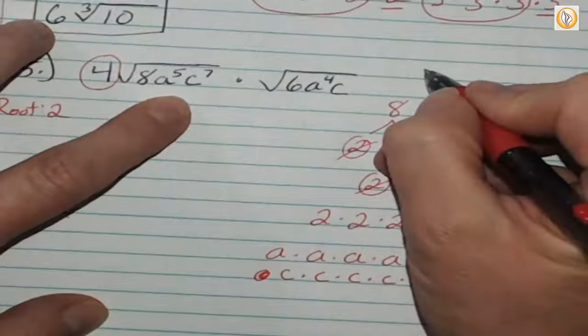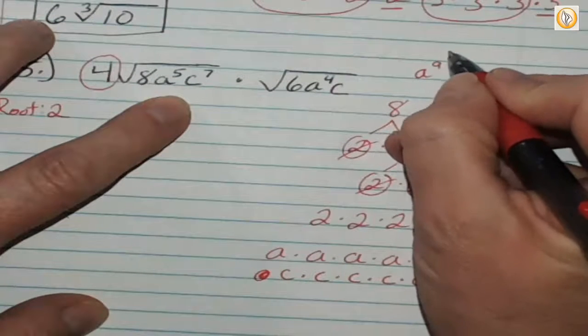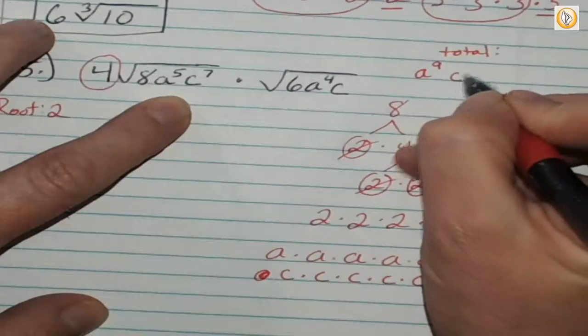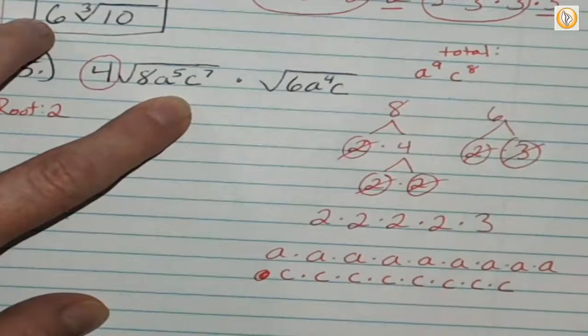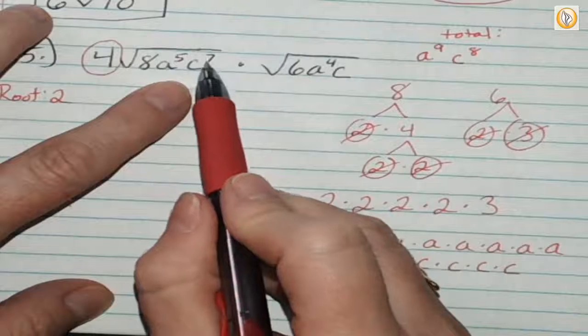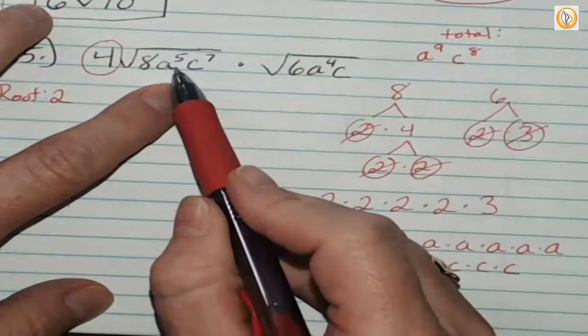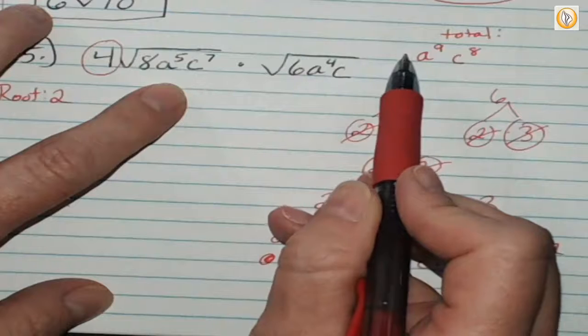So I had 9 A's and 8 C's. Does everyone see where she got that? There's 7 over here and 1 here, so that makes it 8. 5 here and 4 here, so that makes it 9.